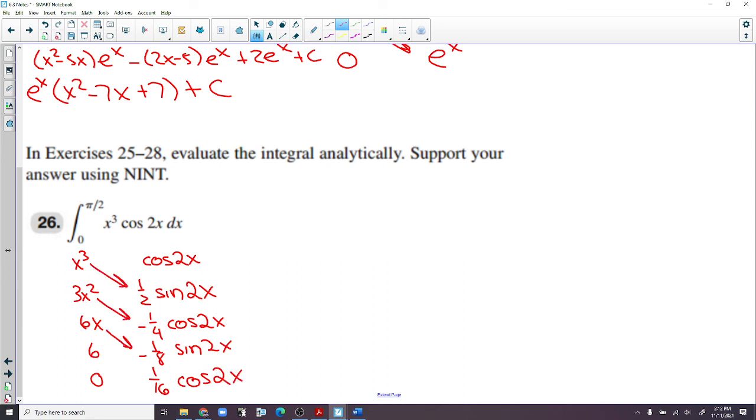Diagonals. So 1/2 x to the third sine of 2x. Oh, plus, minus, plus, minus.